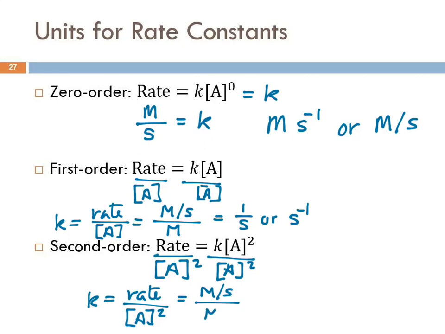Concentration squared is going to be molarity squared. So the molarity on top will cancel 1 from the bottom, but then there's still 1 on the bottom. So this equals 1 over molarity times second, or molarity to the minus 1, second to the minus 1.